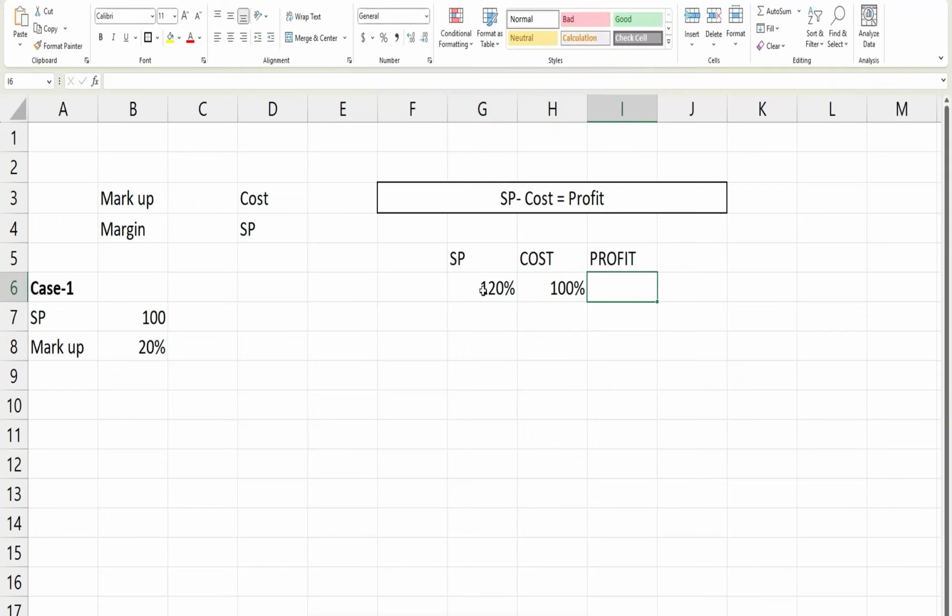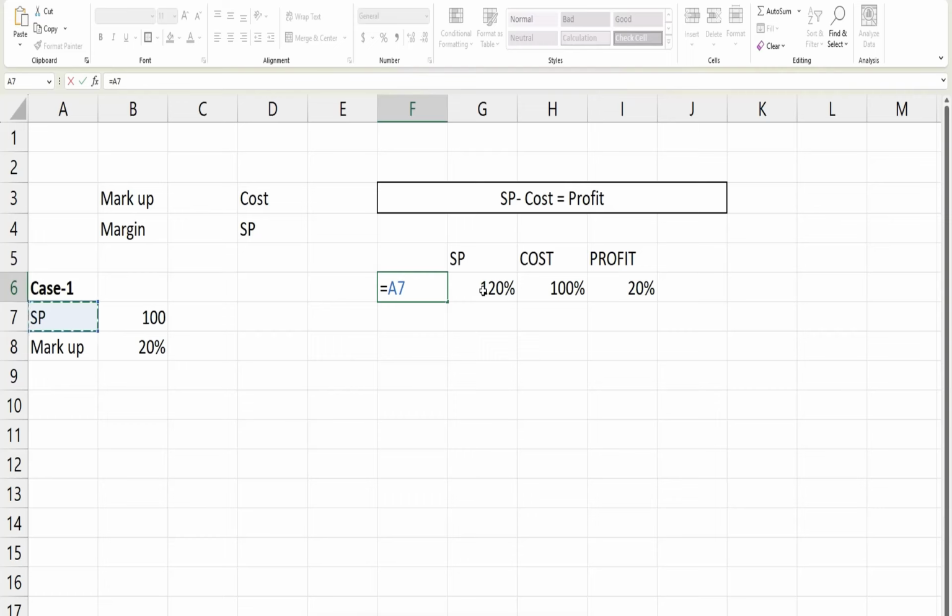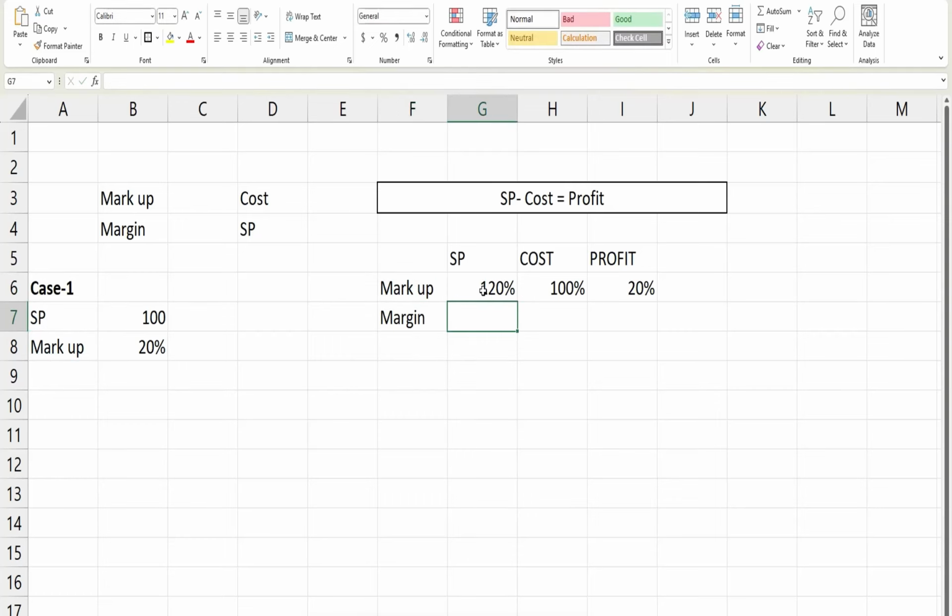This will give you the profit of 20%. In case margin is given, in that case our selling price is 100% and our profit will be 20%. That's it, but the cost will be 100 minus 20, which is 80%.